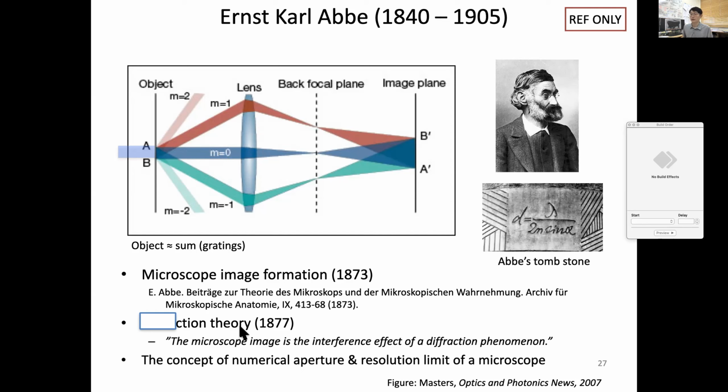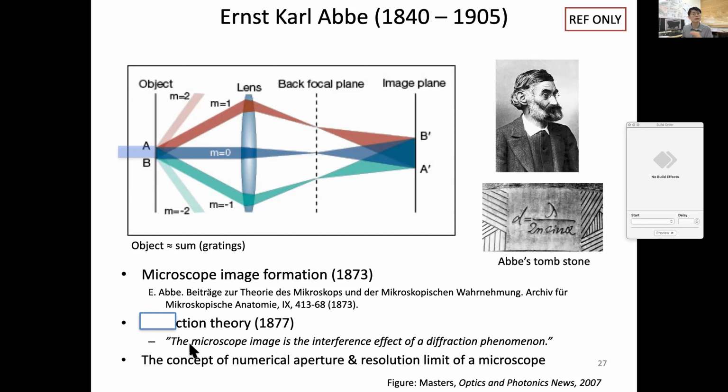Okay, so if you name this theory, actually this is a quotation. His insight on imaging is that the microscope image is the interference effect of diffraction phenomena, because these are diffraction phenomena, and this diffracted light has to interfere on your image plane.